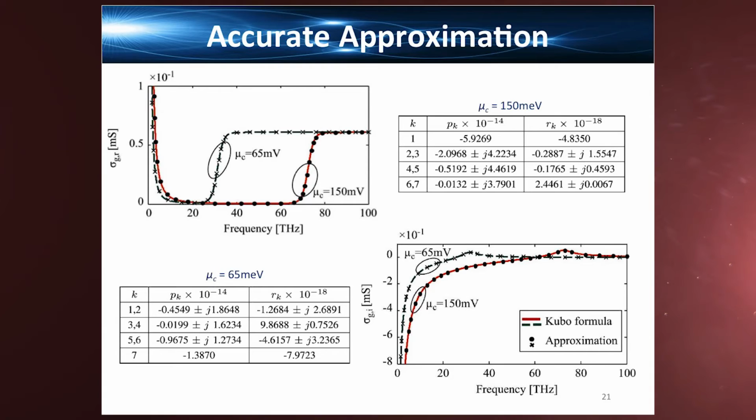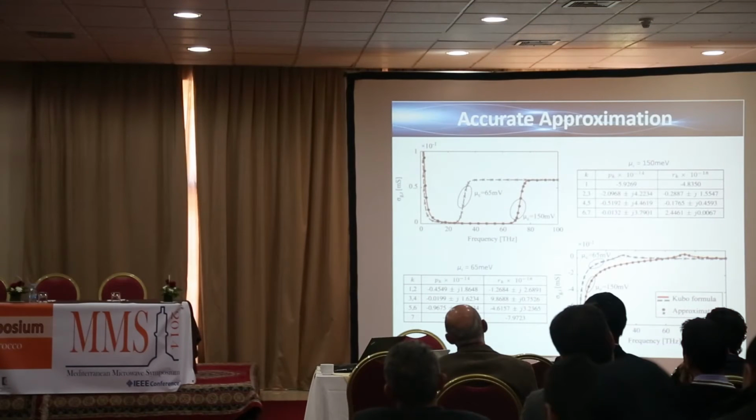This slide shows the accuracy of this approximation. As you see, for a very wide range of frequency, from 100 gigahertz to 100 terahertz, the conductivity of graphene can be approximated fairly well by only four pairs of residues and poles.